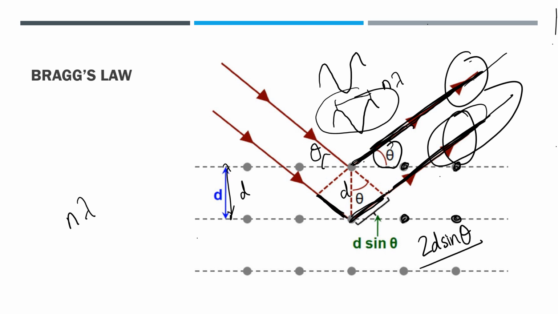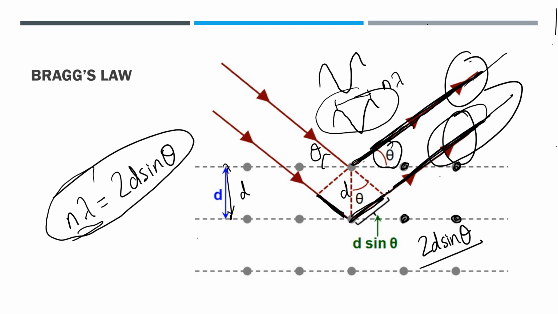But remember, for constructive interference to occur, we need that this extra distance be equal to n times lambda, right? Because it can't be shifted in a different amount, because if that was true, then there wouldn't be constructive interference. We need them to line up perfectly, such that there is constructive interference, which means that n times lambda equals 2d sine theta. Okay, and this is what we call Bragg's law.